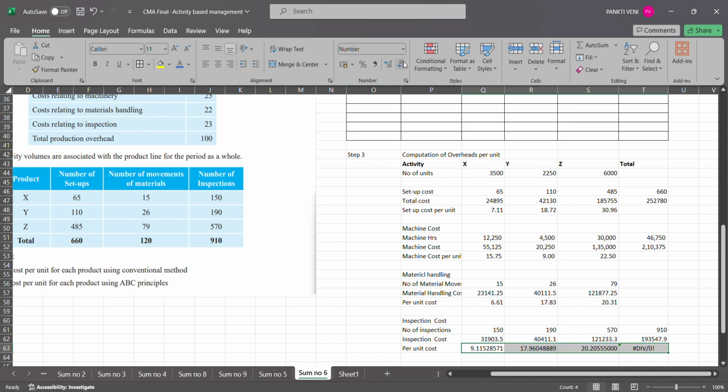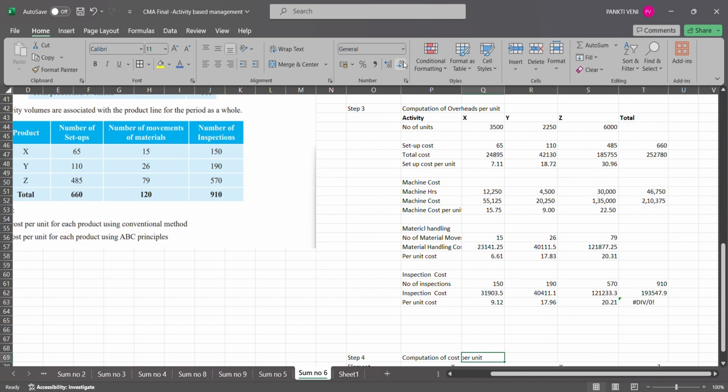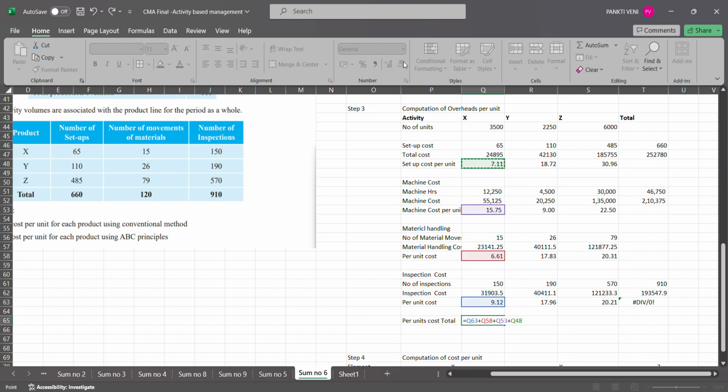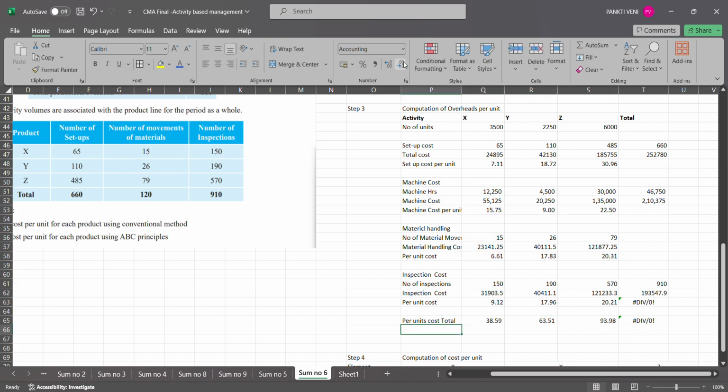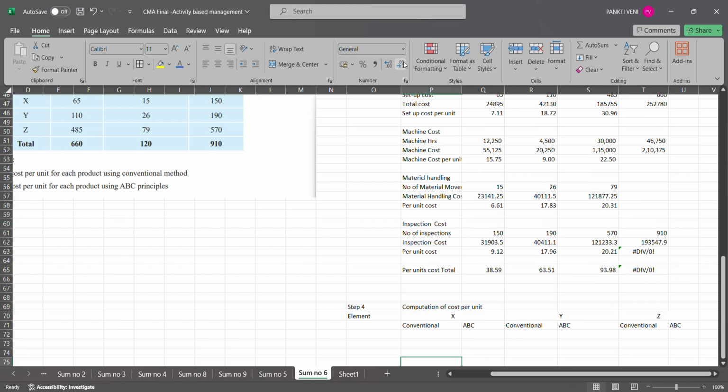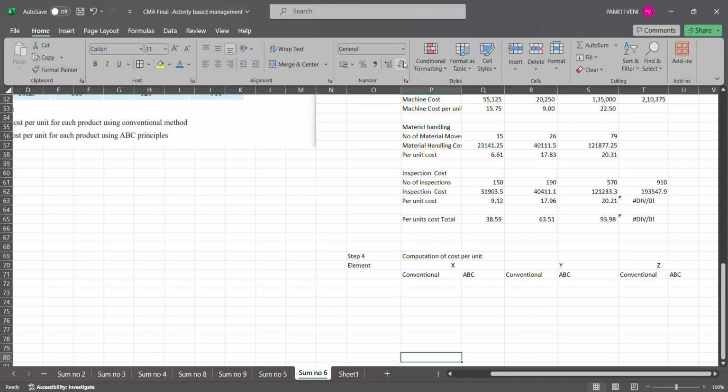Okay, so this part is done. I think I've completed all my costs. Now what I'll do is total up the per unit cost: 9.12, then 6.61, 15.75, 7.11. Now since I have my costs, I'll compute my cost.